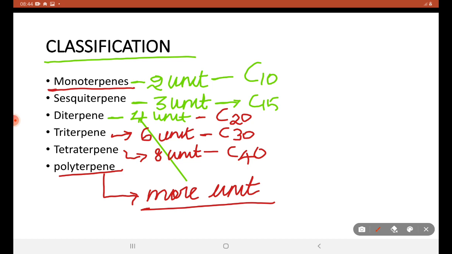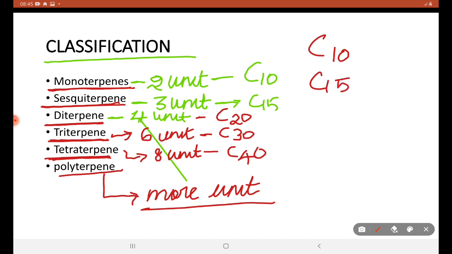Monoterpene 2 isoprene, sesquiterpene 3 isoprene, diterpene 4 isoprene, triterpene 6 isoprene, tetraterpene 8 isoprene. C10 monoterpene, C15 sesquiterpene, C20 diterpene, C30 triterpene, C40 tetraterpene.